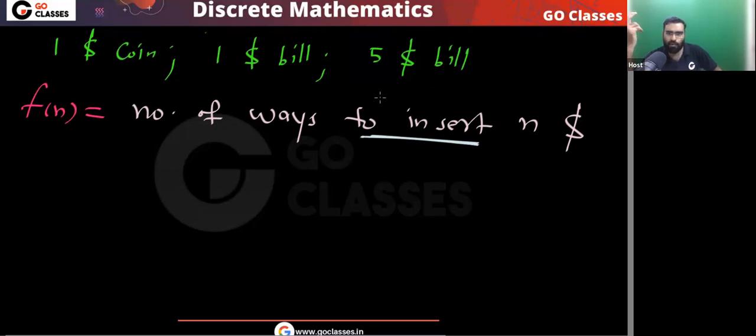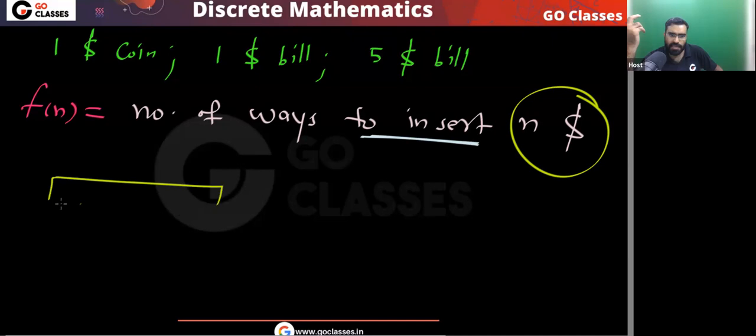So tell me, if you want to insert n dollars, what can you do? I can start with a $1 coin. Agree with me? If I start with a $1 coin, then how much more work do I need to do?